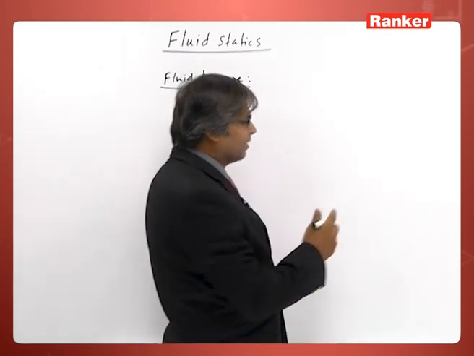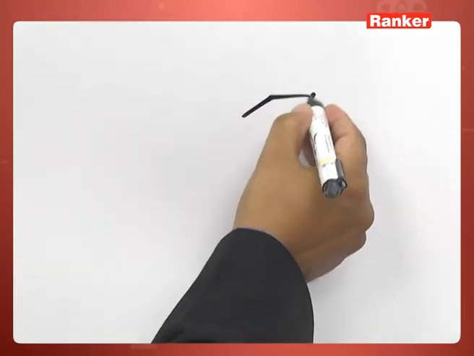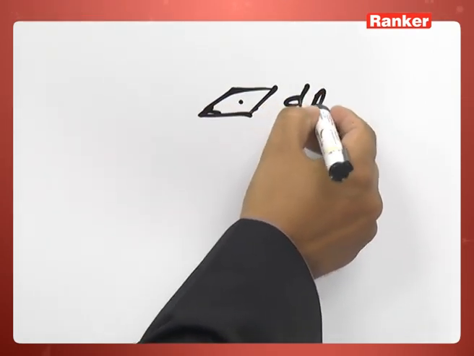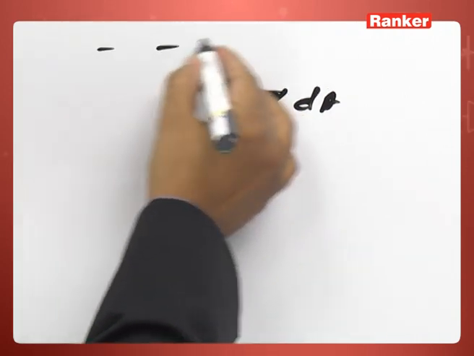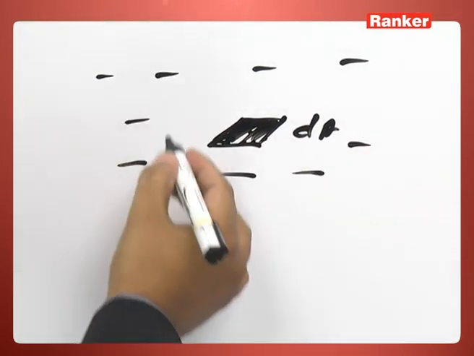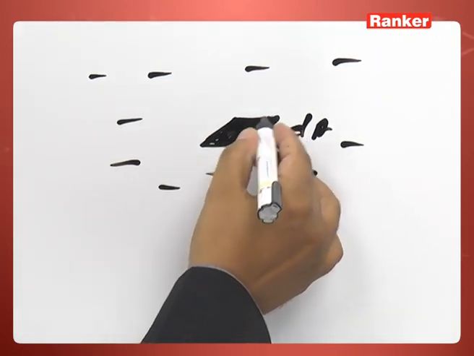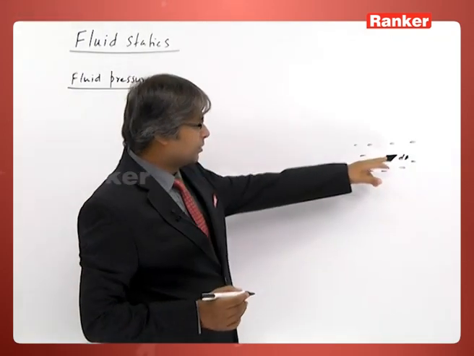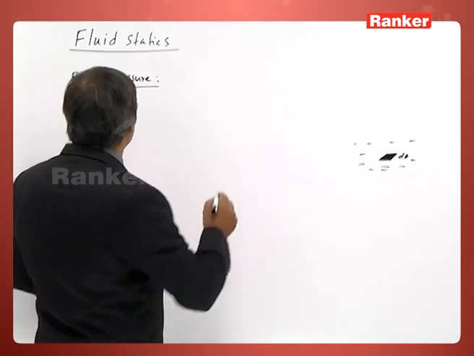Inside a liquid, suppose I have placed an area, this area is dA, and I want to define the pressure at this point. So, I have taken a small elemental area dA.